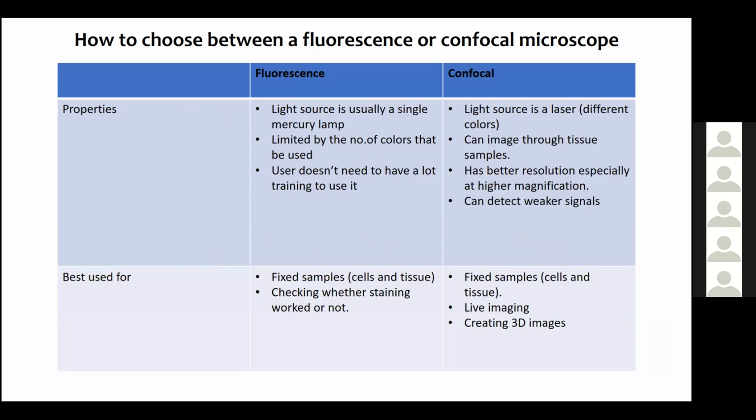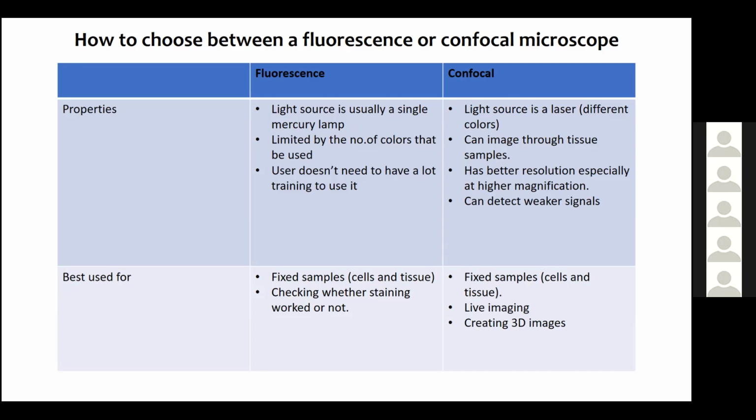But when it comes to imaging fluorescence colors, this is where you want to see which microscope will offer you the most advantages. So a basic difference between the two microscopes is the light source. In a fluorescence microscope, the light source is usually a single mercury lamp, and it will light up your basic colors, which would be blue, green, red, and far red.